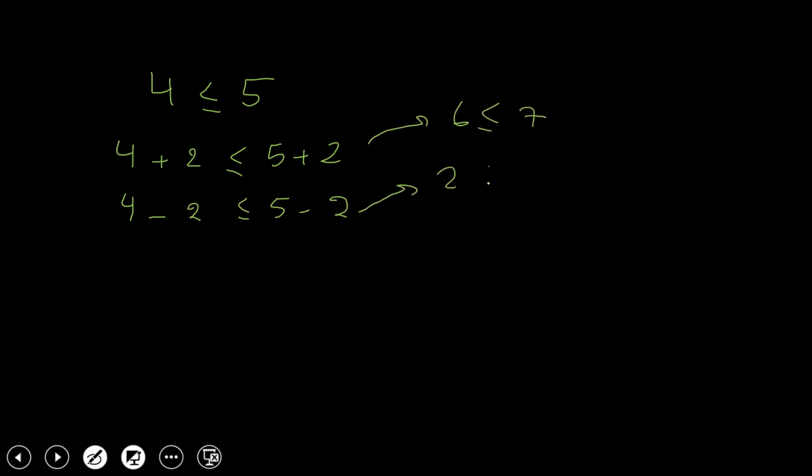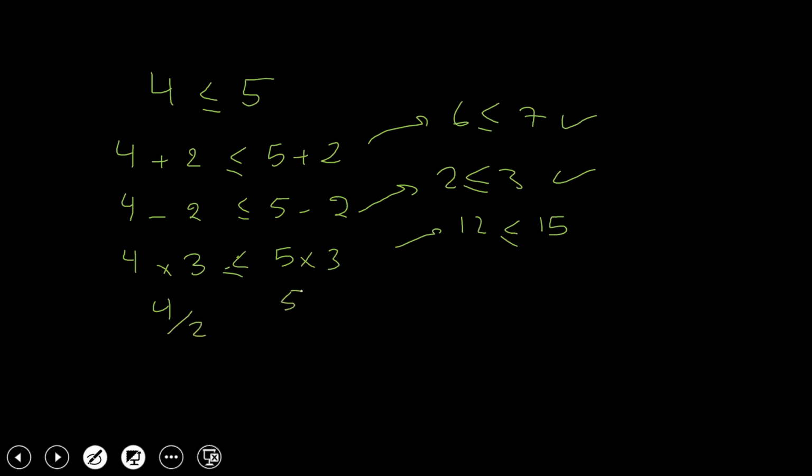This one, 2 is less than 3, true. Multiplying by a positive number, 4 times 3 and 5 times 3, we get 12 and 15, for example. So nothing changes. Dividing by a positive number, that is 4 divided by 2, for example, and 5 divided by 2. Here we get 2 and 2.5, so still the same, nothing changed.